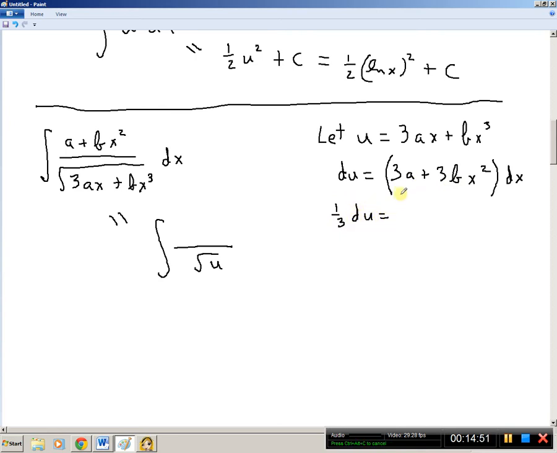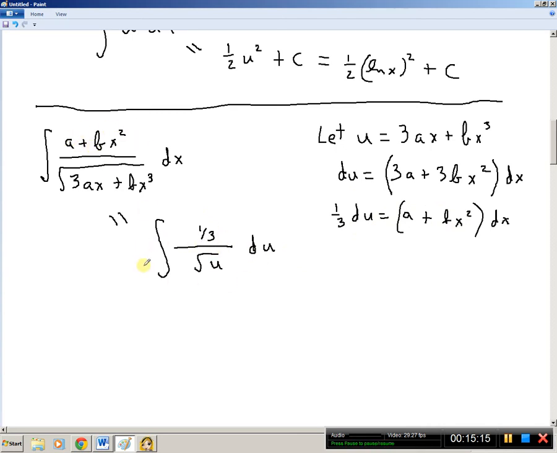Multiply both sides by 1/3, and you're just going to have a plus bx squared dx. That's exactly what the rest of that stuff is. So all you're going to do is put 1/3 here times du. 1/3 du gives you exactly the numerator that you want.